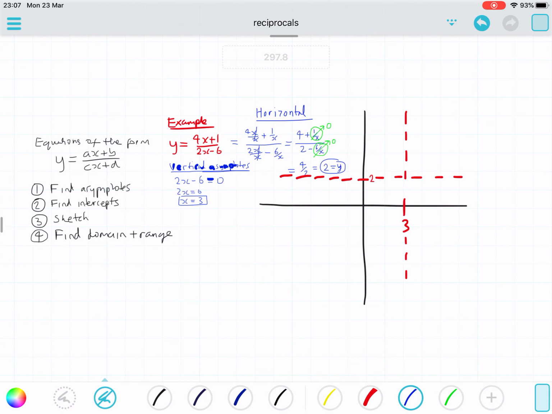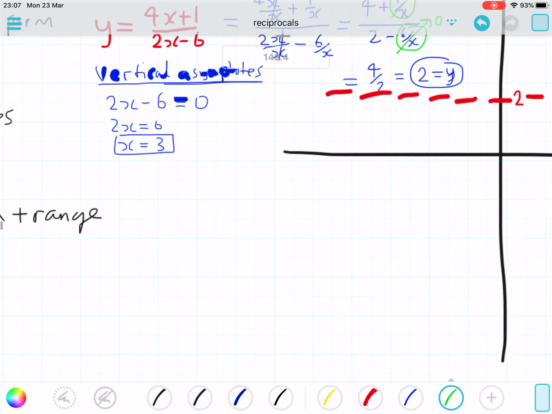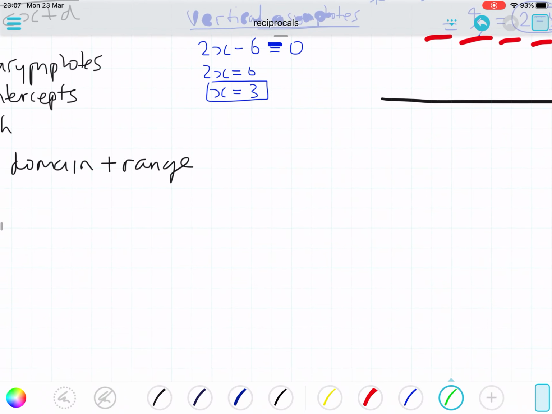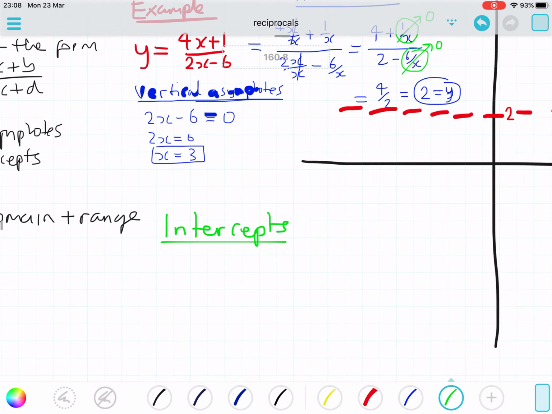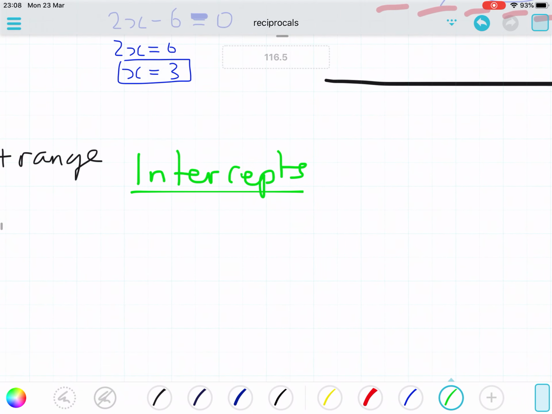Cool. So next thing we need to do is to find the intercepts. So let's do that down here. Well, the intercepts just happen when either x or y is 0. So if we just grab that 4x plus 1 over 2x minus 6 again.